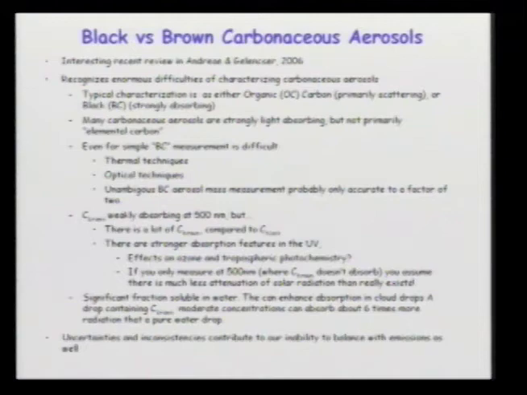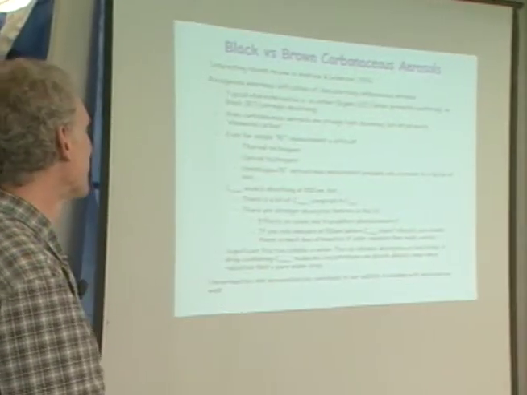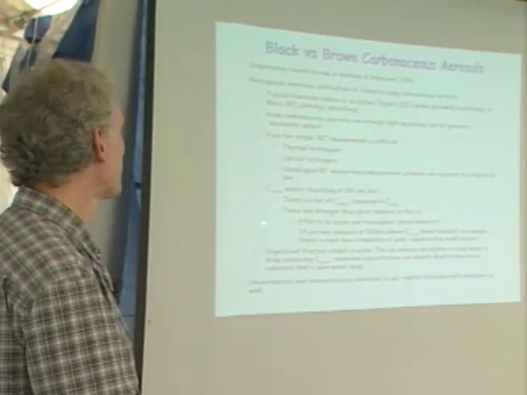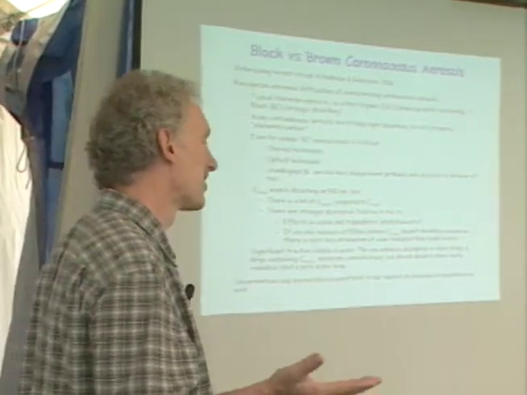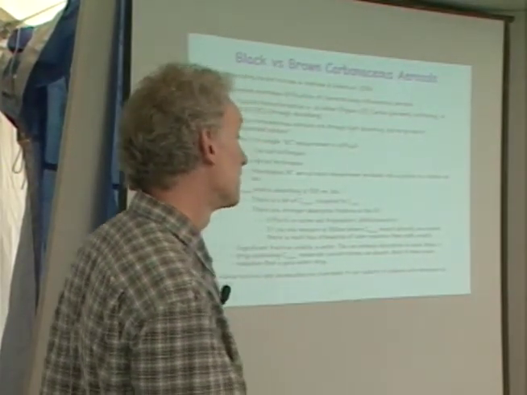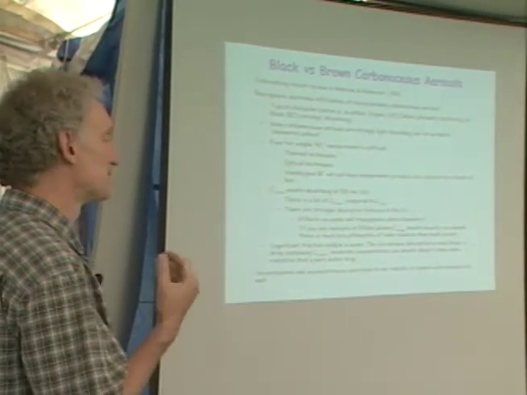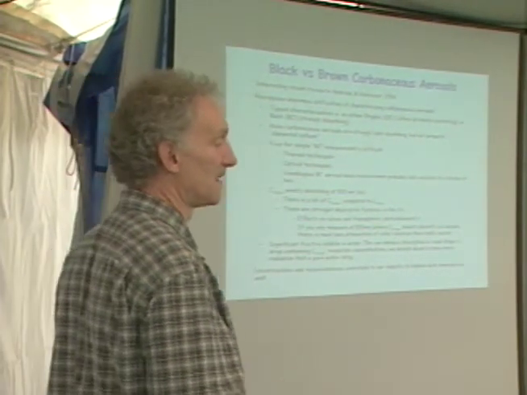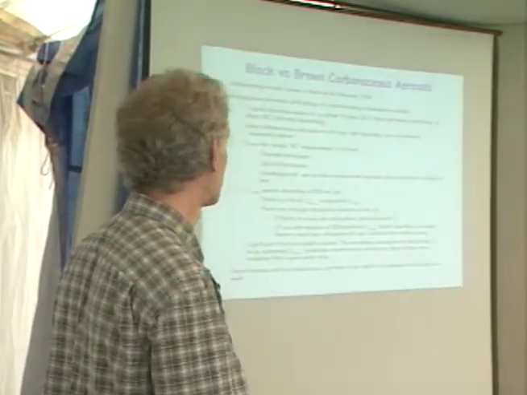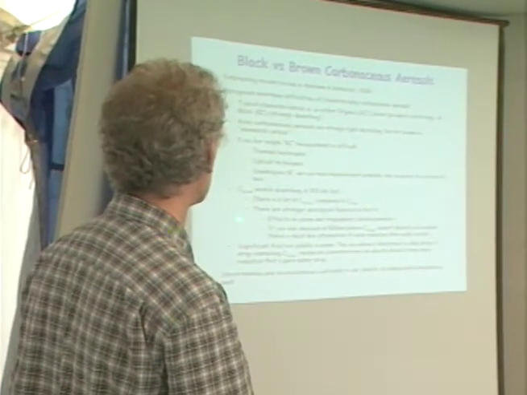So if you make even a few percent error in your characterization of what you're calling carbonaceous aerosols, then you're miscategorizing a fraction of the aerosols which can be as important as the black carbon, the elemental carbon that's absorbing in the atmosphere.